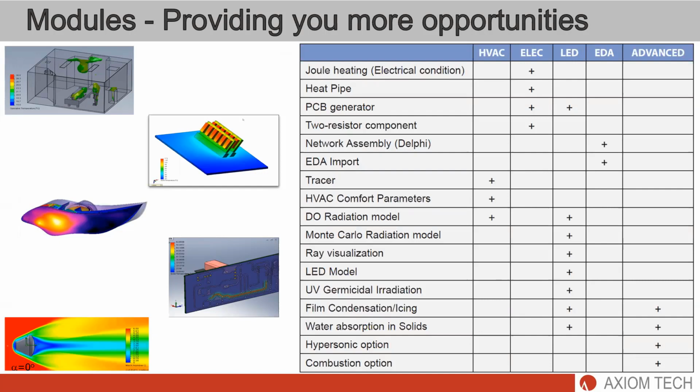In the LED module, there is, for example, an advanced radiation model, a library of LED chips from the producers, and also condensation, the same as in the advanced module.